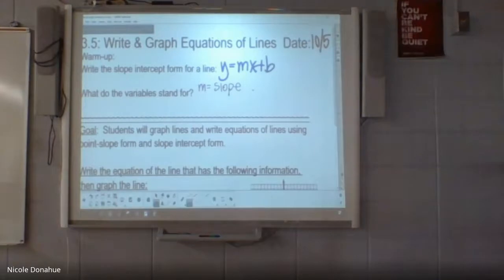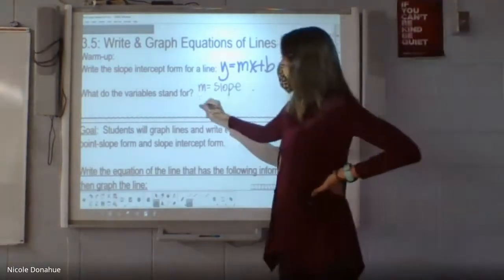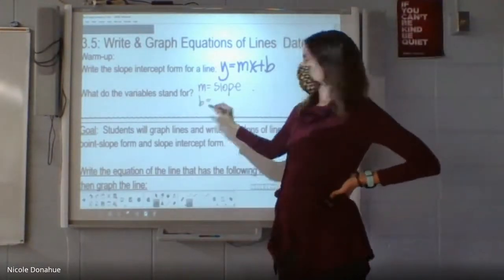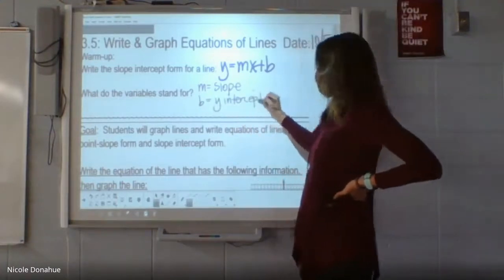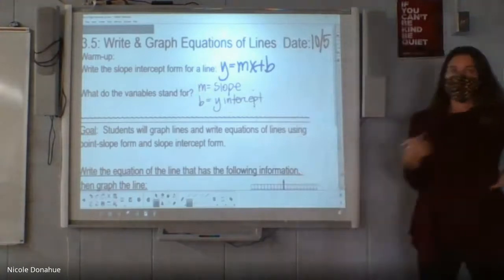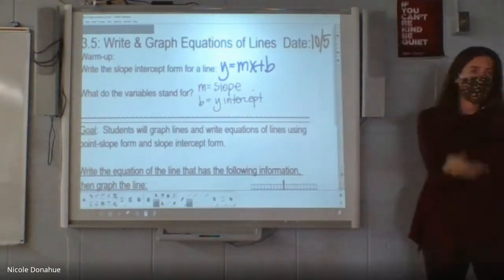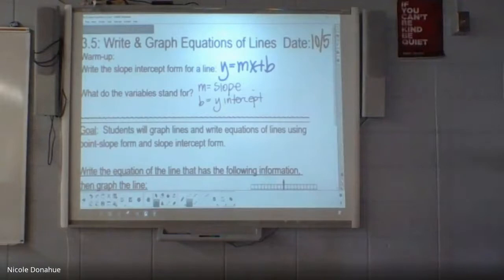B is where it goes on the y-axis. Yeah, we call that a y-intercept. It's the point on the y-axis. And yeah, I like that he pointed out that's the point that we go on that y-axis. Now, when I teach this in algebra, the B doesn't really have a reason why B is the y-intercept.